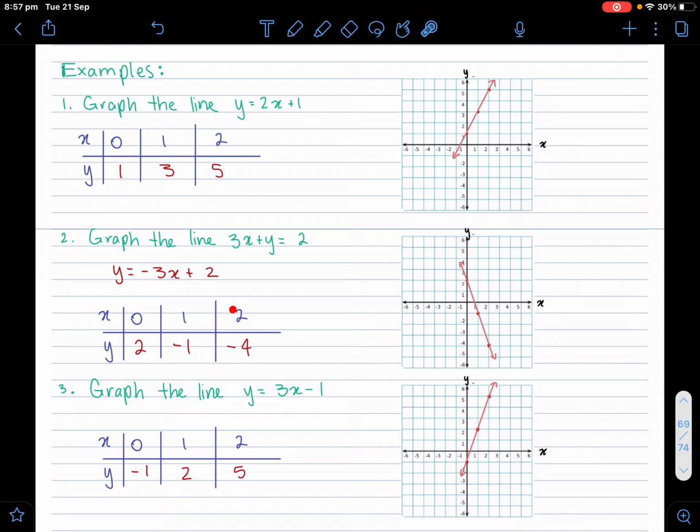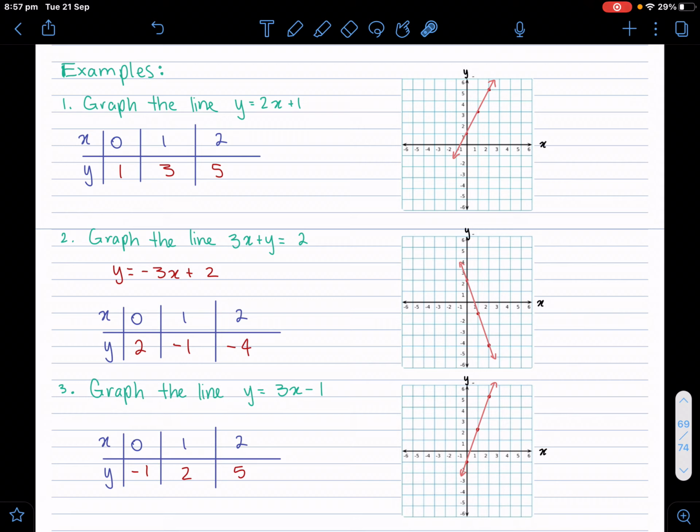And for the last x value that I've chosen, -3 times 2 is -6. -6 plus 2 is -4. And again, 0, 2, put a dot, 1, -1, put a dot, and 2, -4, put a dot, and join the line up.